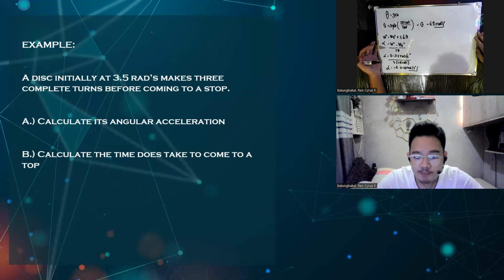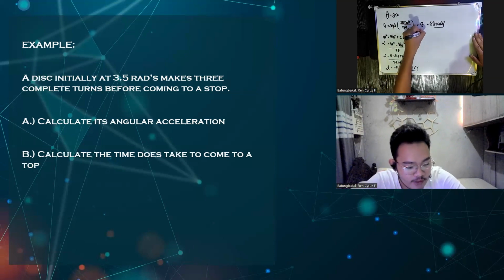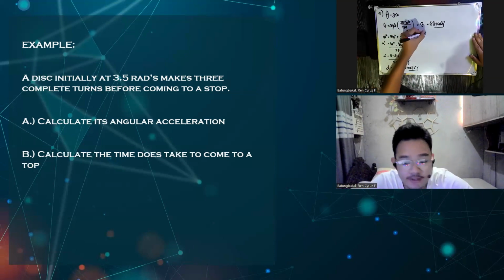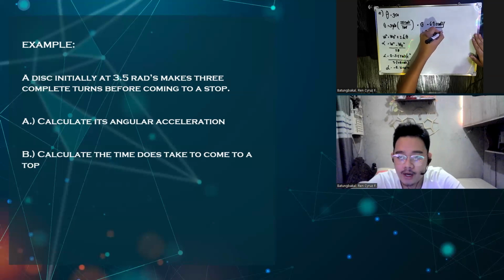For letter B, calculate the time it takes to come to a stop. So, gagamitin natin yung first equation, which is, so letter B, lagyan na natin ito na A. So, letter B, ito yung gagamitin natin na yung first equation, which is final angular velocity equals initial angular velocity plus our angular acceleration times time.